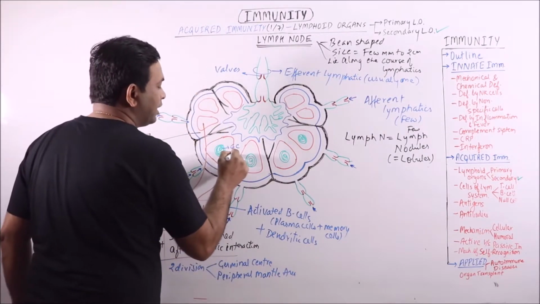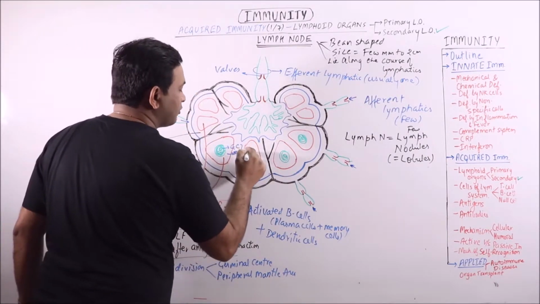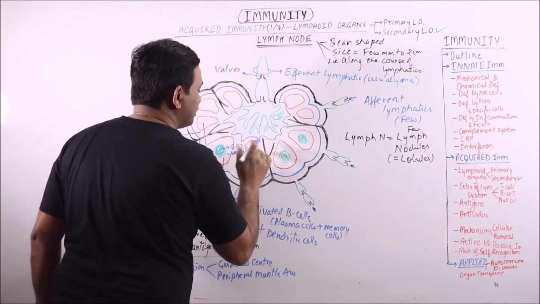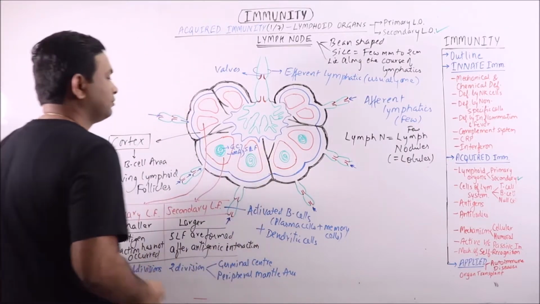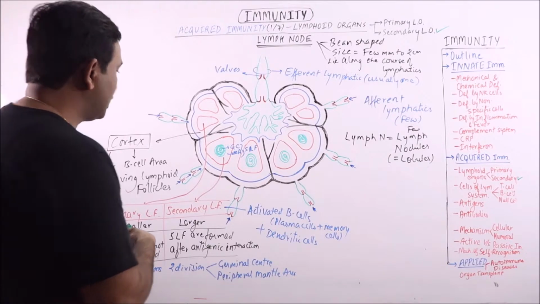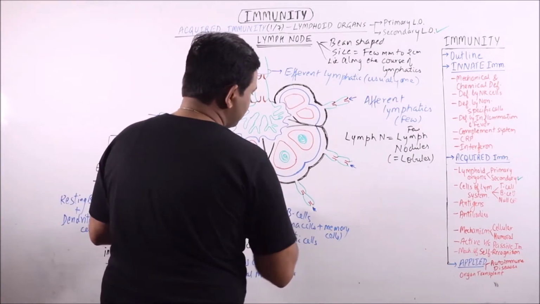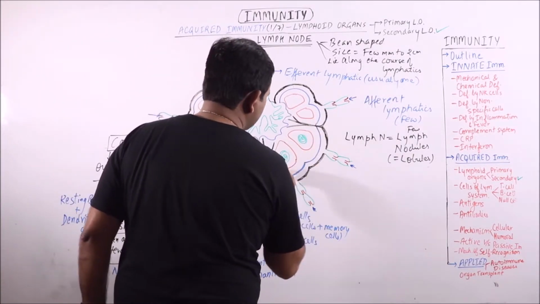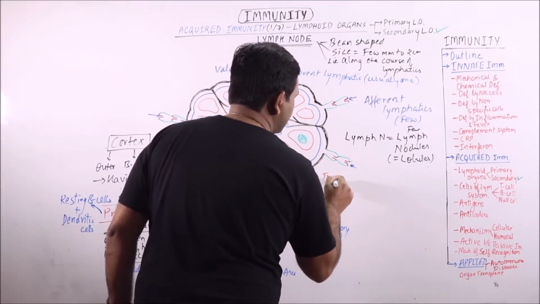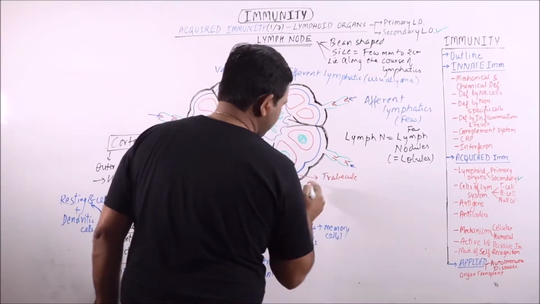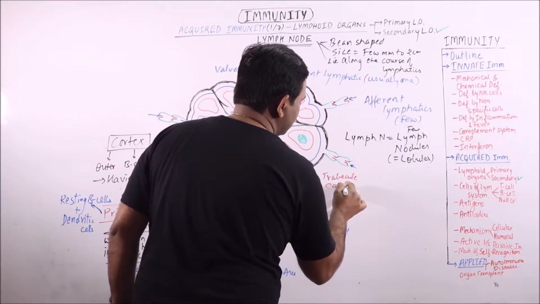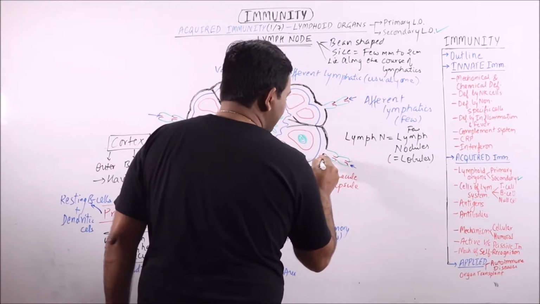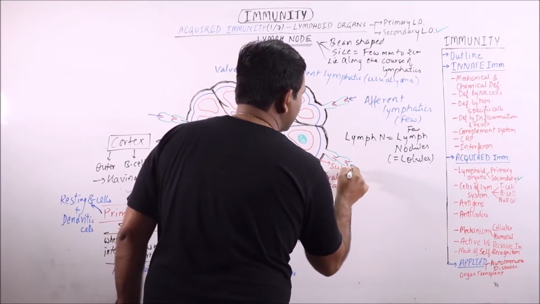So this one is mantle area, and this is forming a secondary lymphoid follicle. The other regions are, this is trabecule or partition, this is capsule, and this is subcapsular space.